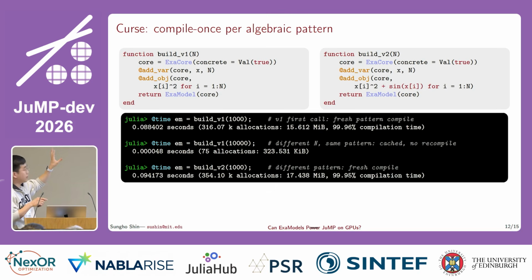Even this really simple model takes almost 0.1 seconds, so you're spending quite a lot of time on compilation. If you recreate this model, you can just reuse that compiled cache, so the model can be created in really no time. But if you make this slight change, then you will need to compile everything from scratch.